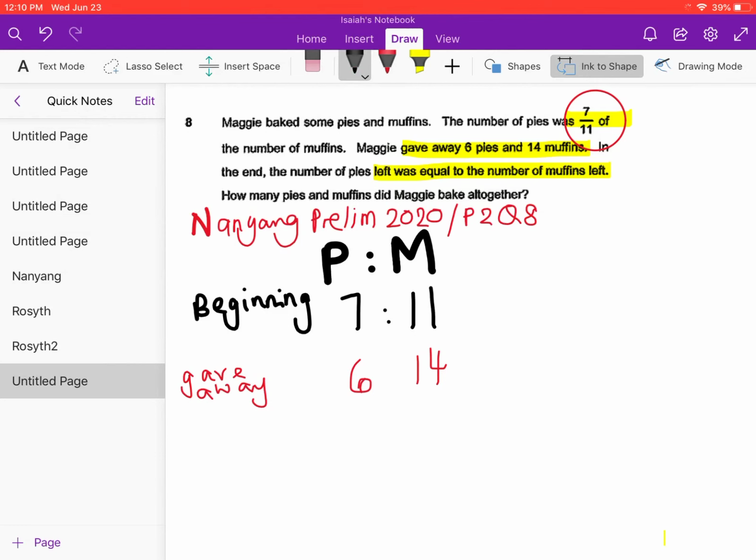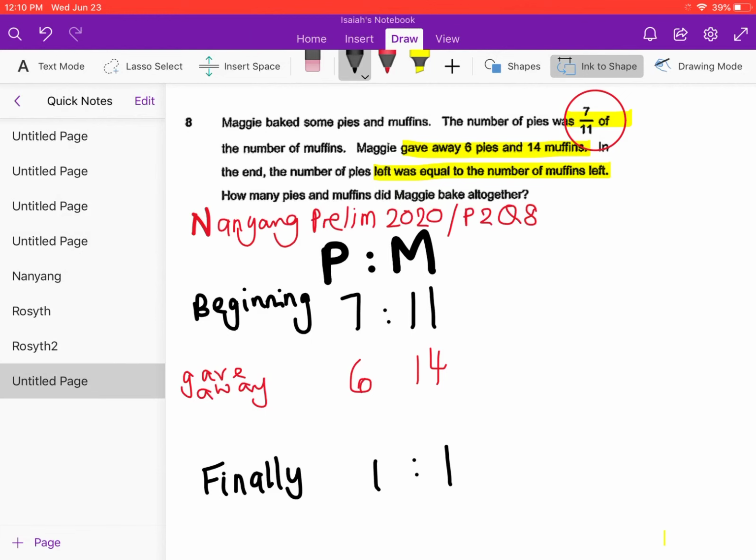So at the end, finally, there are equal number of pies and muffins left. So the ratio would have become 1:1.